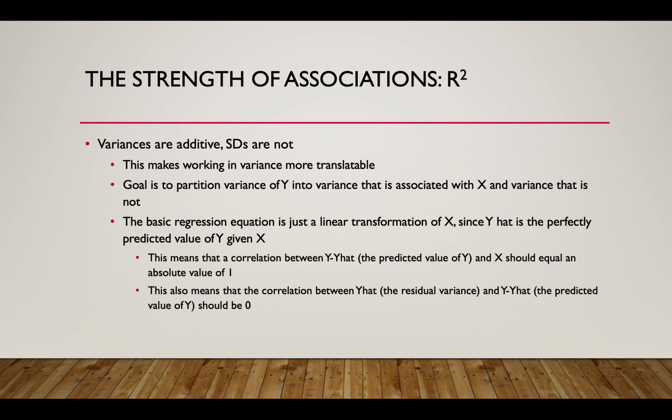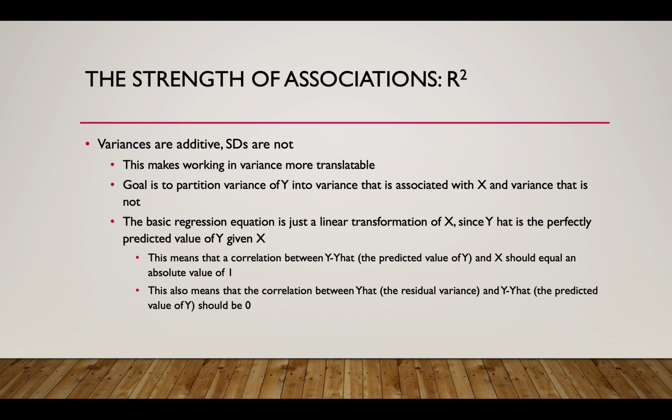Hopefully you have all heard of R squared. If not, you have almost certainly heard of eta squared, which is quite similar to R squared. When we calculate correlations in class this week, you will see that we're calculating these based on standard deviations.